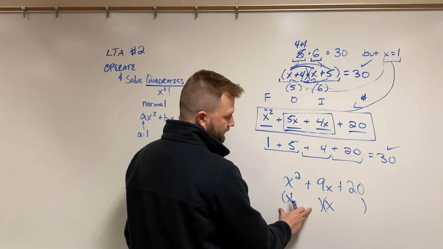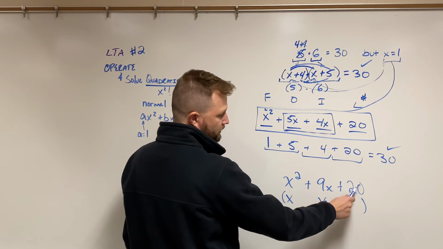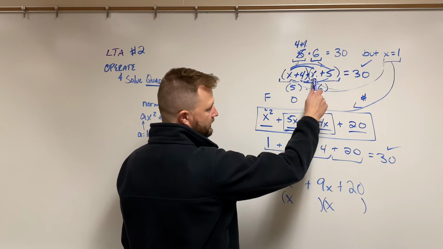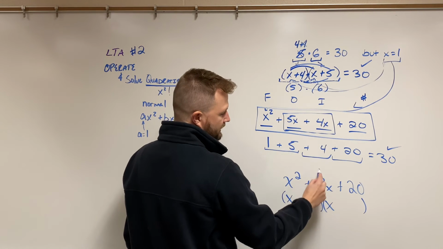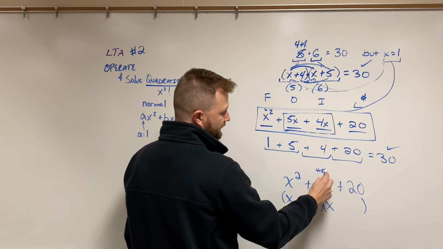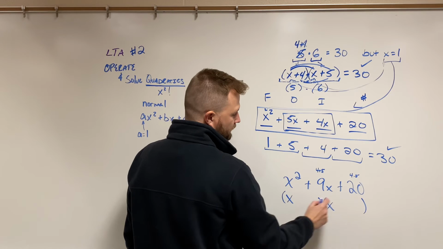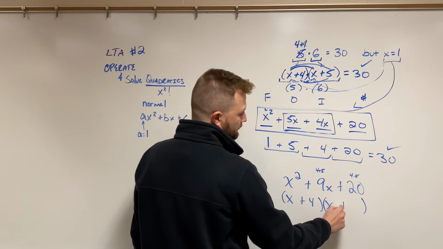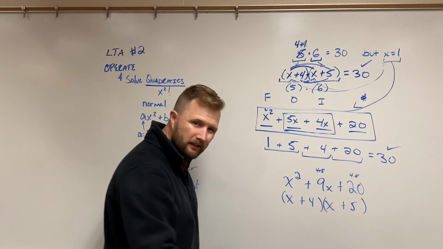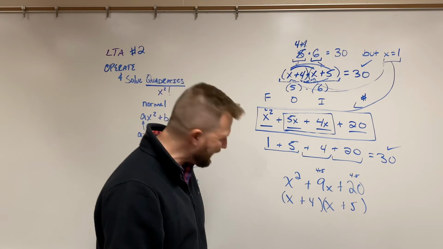We know it came from one of these things, and we know 20 was 4 times 5, and 9, so this is like the 4 plus the 5, and this was like 4 times the 5. So people start to notice that pattern and can get a little faster at it, right?